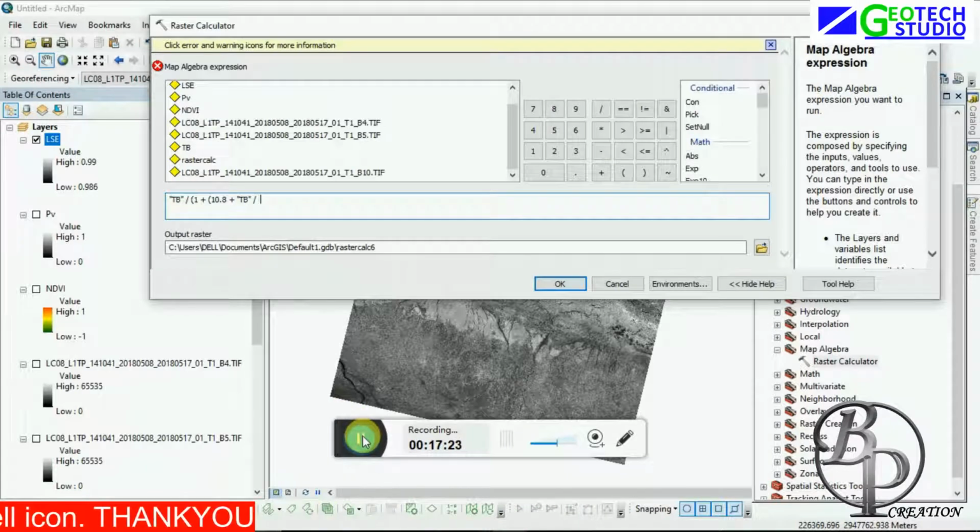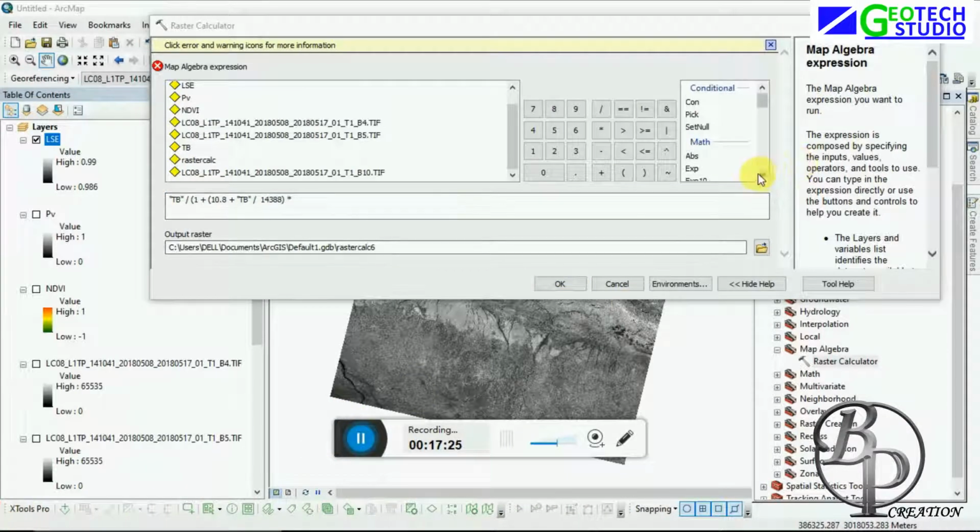Here we can get its value, 14388, into logarithm mathematical function into land surface emissivity. Our output.